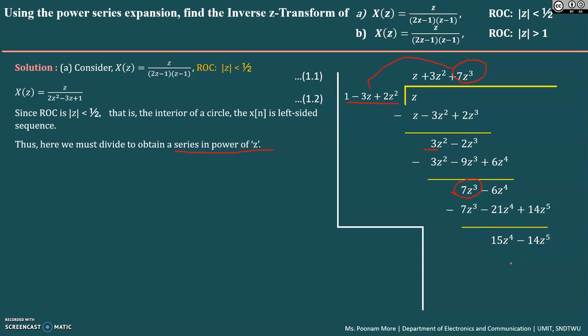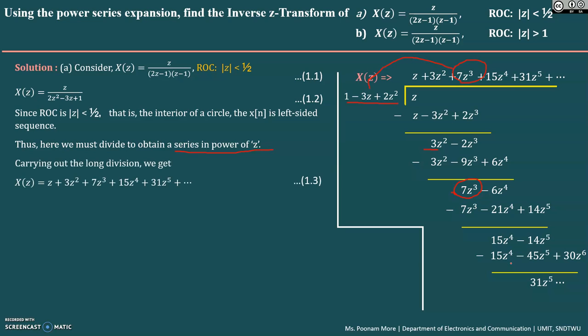Now over here, in this way we can perform the further division so as to get X of z, which will be a series in the power of z, as you can see in equation number 1.3. This is nothing but our coefficient which we have obtained by performing the long division.